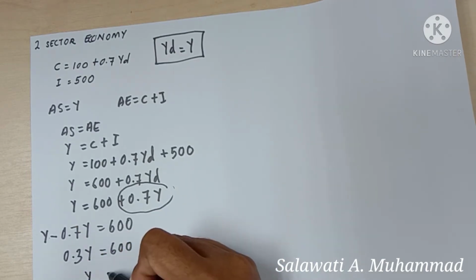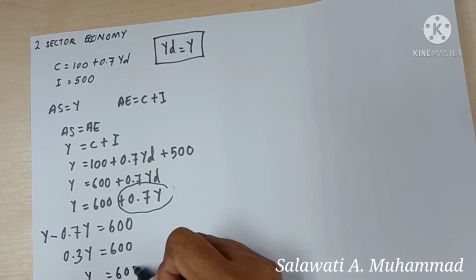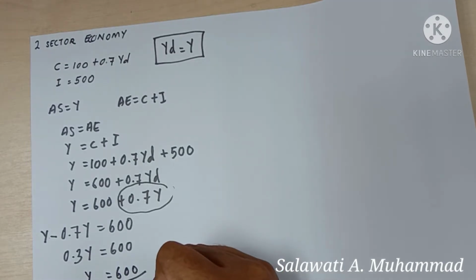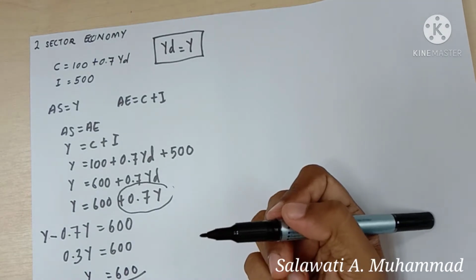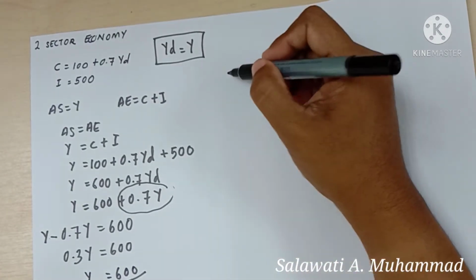So Y equals 600 divided by 0.3. So the amount of Y will become 2000.